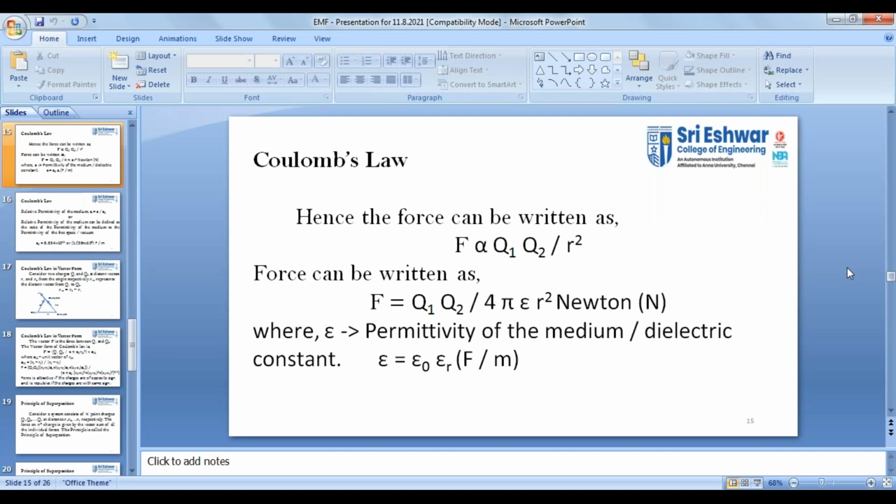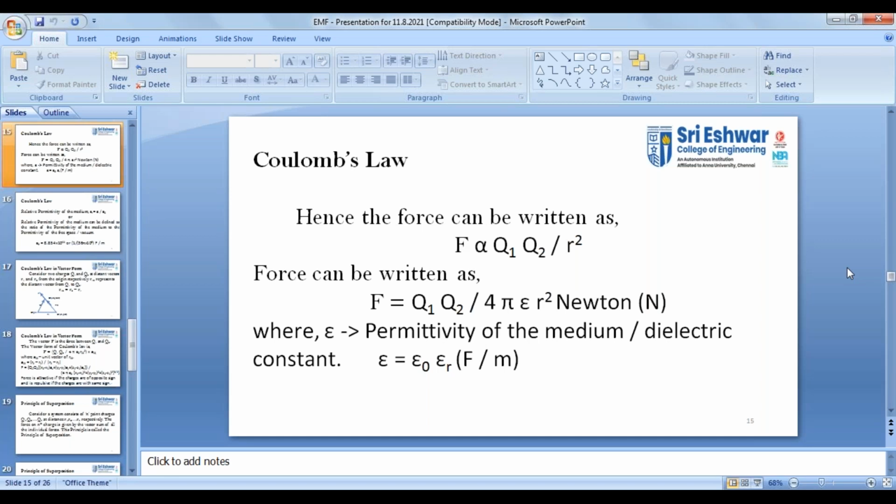To eliminate the proportionality, we put a constant there, so the force is F equals Q1 into Q2 by 4 pi epsilon r square Newton. The unit of force is Newton, where epsilon is the permittivity of the medium.